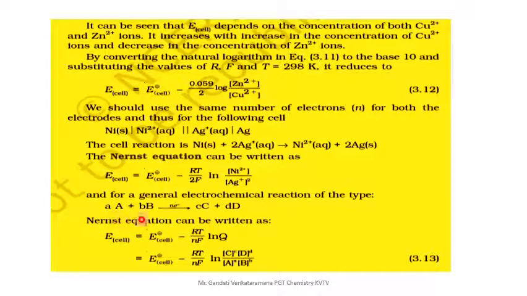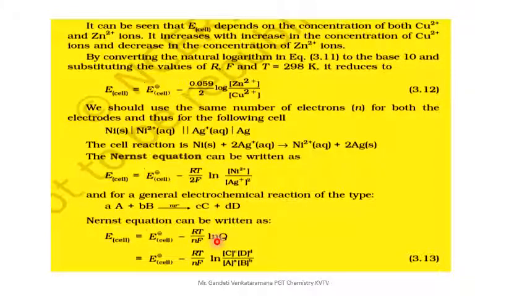aA plus bB, n electrons, gives cC plus dD. The Nernst equation can be written as E cell equals E naught cell minus RT by nF. It is better to just remember 0.059. Put the values of R, T and F and you will get 0.059 with log base 10.